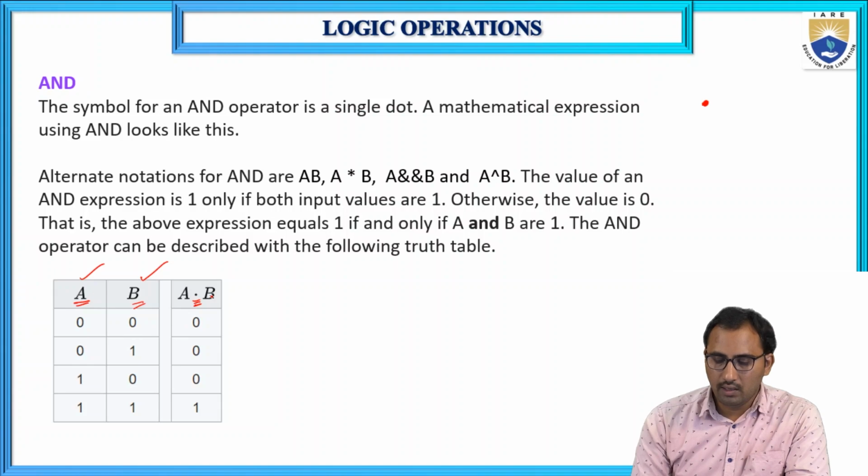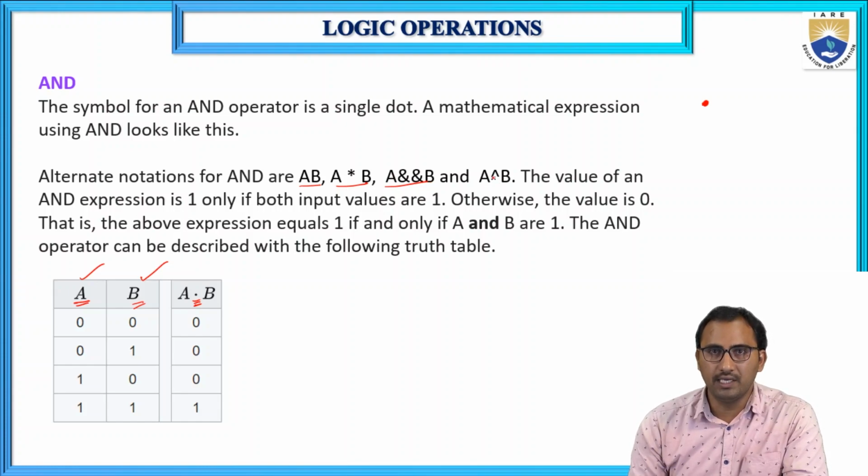The alternate notations for AND are AB, A and B, and A cap B. So we can represent this AND operation in different ways. You can use any notation.